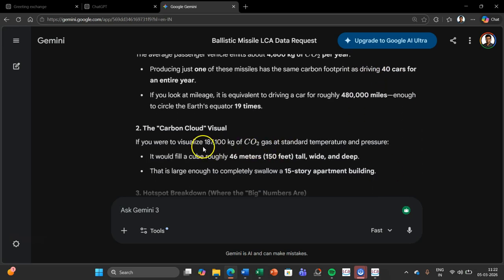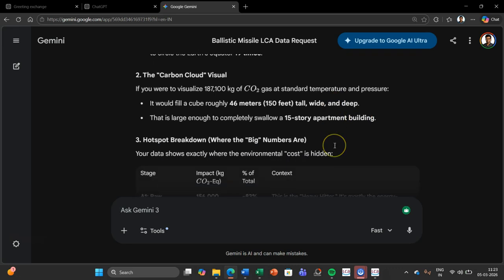Then if you want to visualize a carbon cloud, it would be a cube roughly 46 meters tall, wide and deep, large enough to completely swallow a 15-story apartment building. So that much huge physical quantum of CO2.